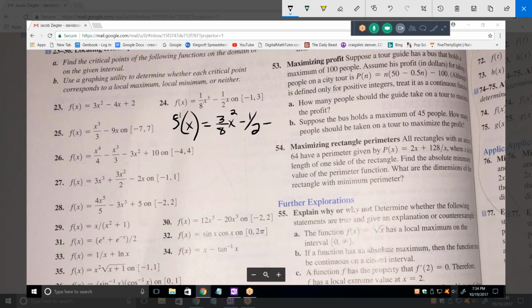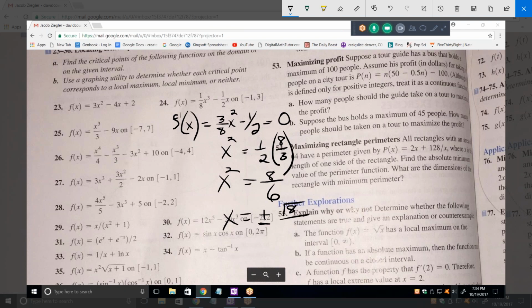Okay, so we're going to set that equal to 0, which gives us x squared equal 1/2 times 8/3, which means x squared is equal to 8/6, which means x is equal to plus or minus the square root of 8 over the square root of 6.